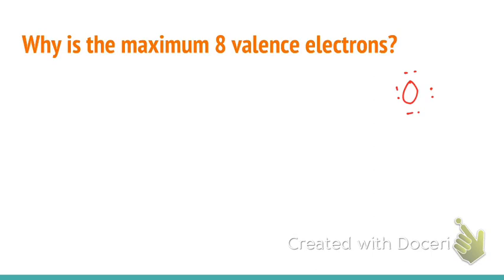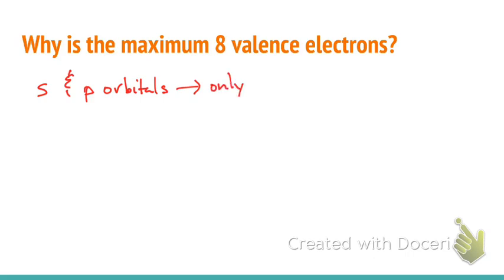The way I would explain it is this. If you look at the electron configuration in Aufbau's principle, what you'll notice is that the s and the p orbitals are the only orbitals that are valent.